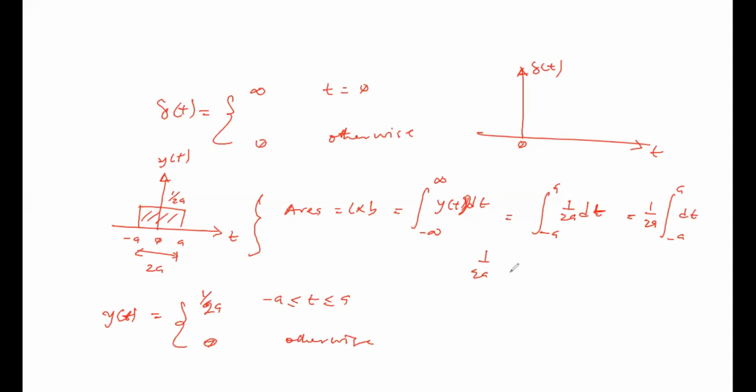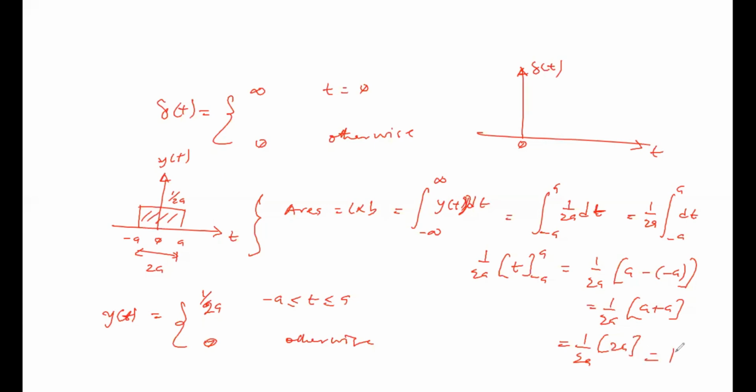That will be 1 over 2a times (a minus negative a), which is 1 over 2a times 2a, which is equal to 1. So the area in this case is 1, right?